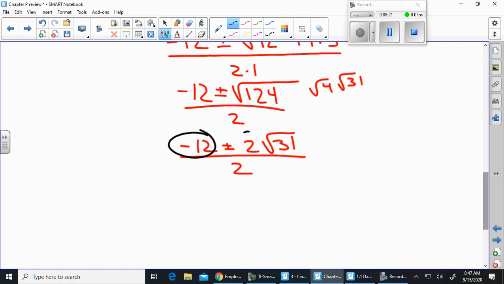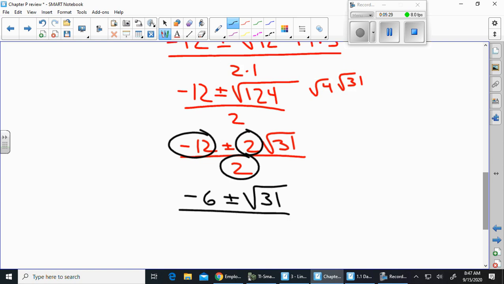Then if I look at all my outside numbers, they're divisible by 2. So I'd have negative 6 plus or minus 1 radical 31 over 1. So quadratic formula, definitely have knowledge of.